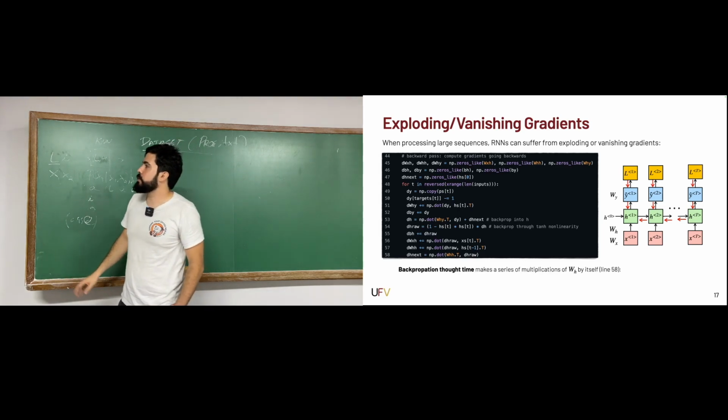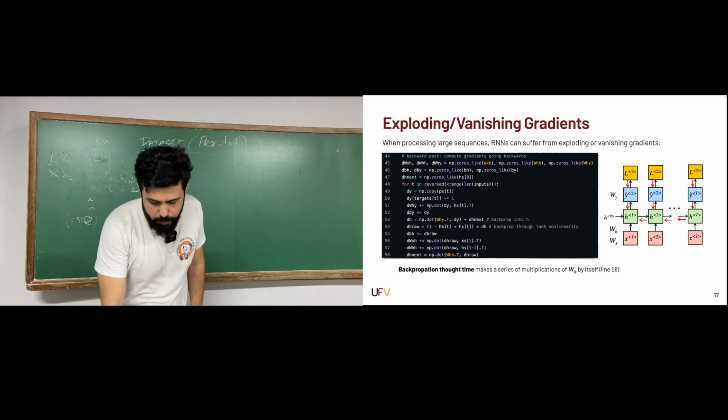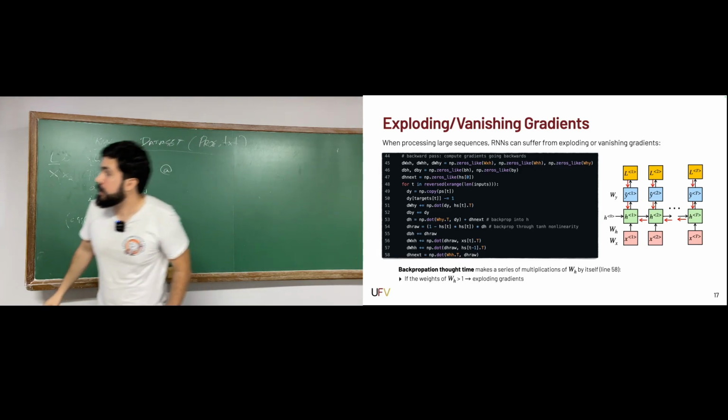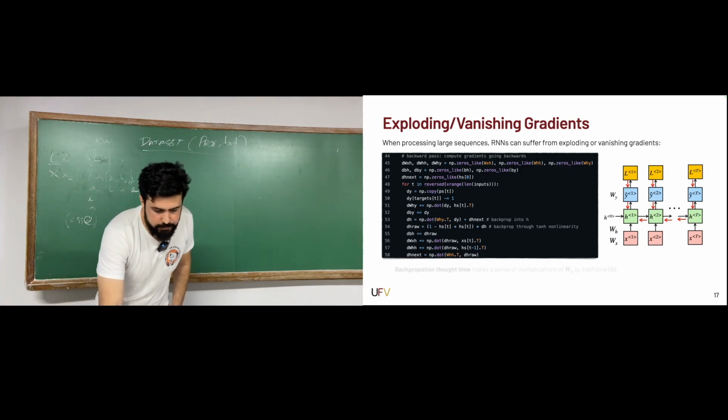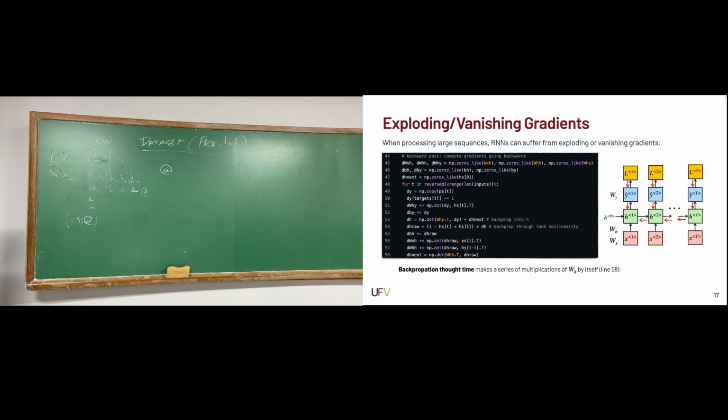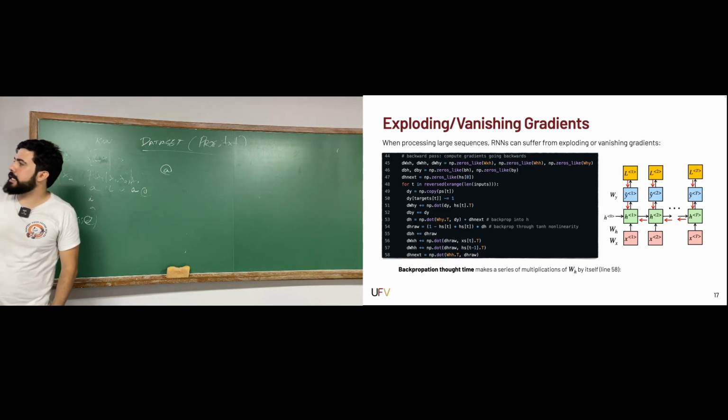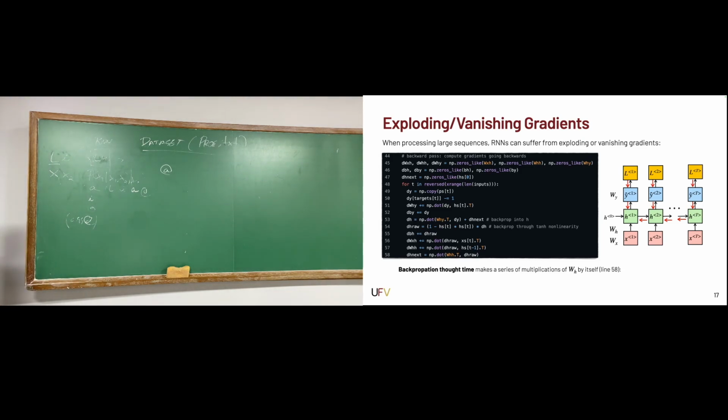Just so you get a better intuition of what's going on, if you look at line 58, this line is multiplying this matrix Wh by this variable dh_raw.